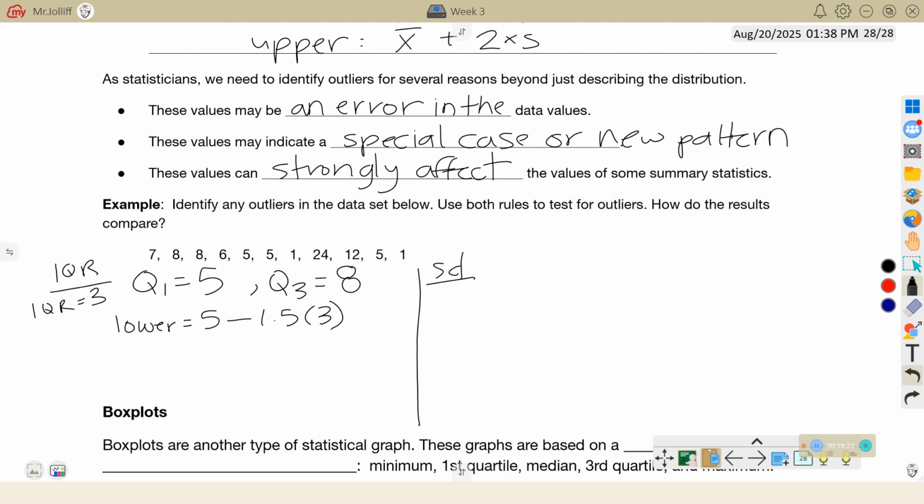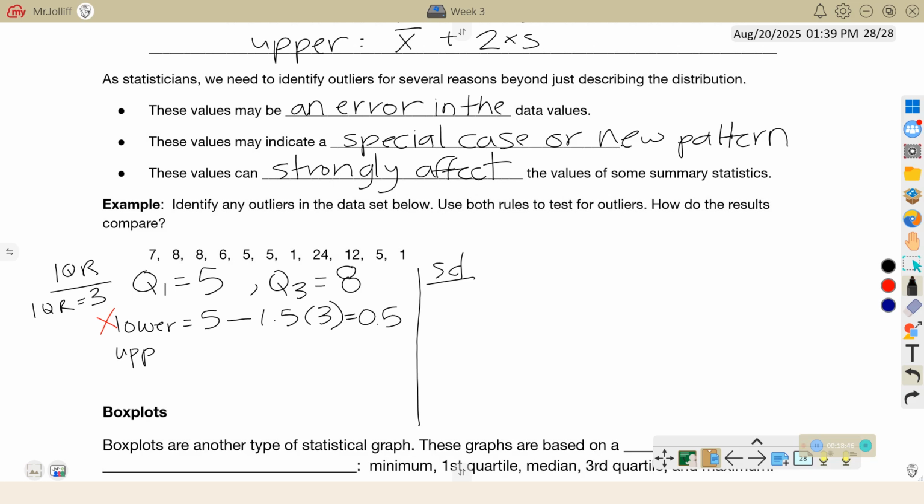And I get 0.5. I see some nodding. Do we have any data points lower than 0.5? No, there's no data on the lower end less than that. We have no lower outliers. That end of the data is fine. We've got to check the other end.